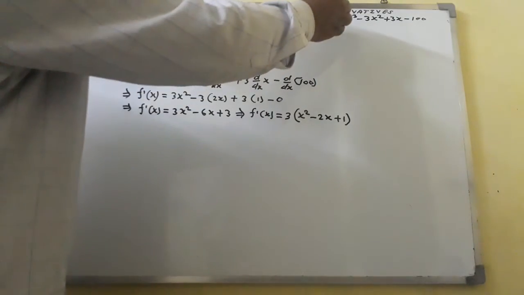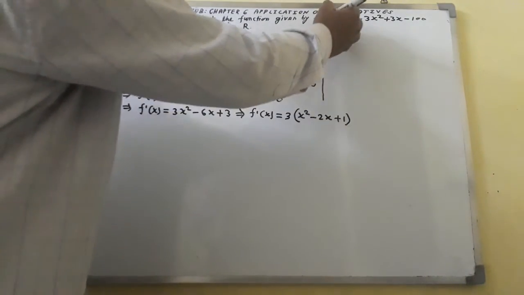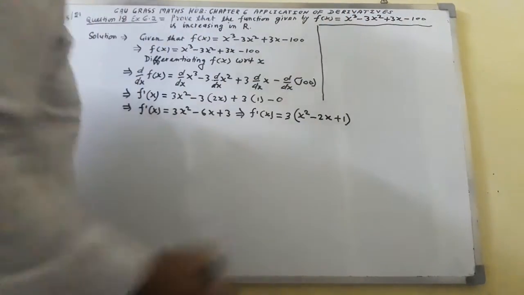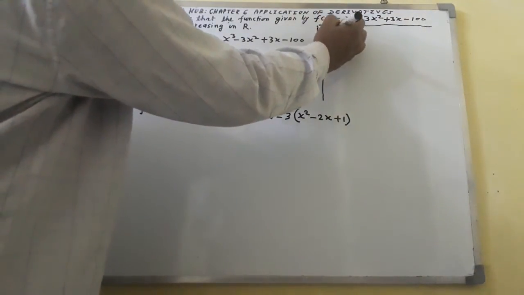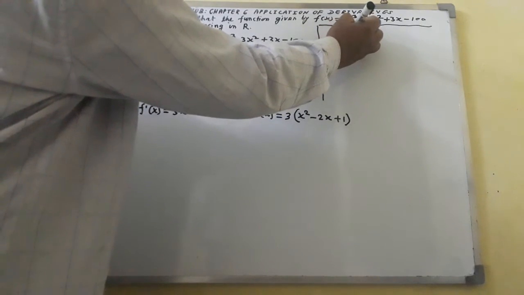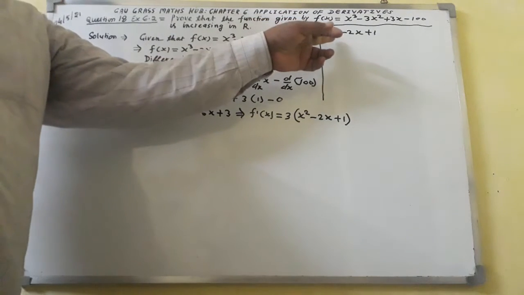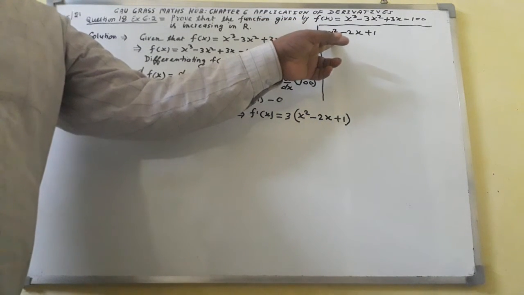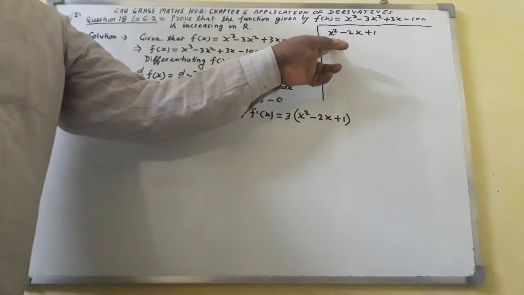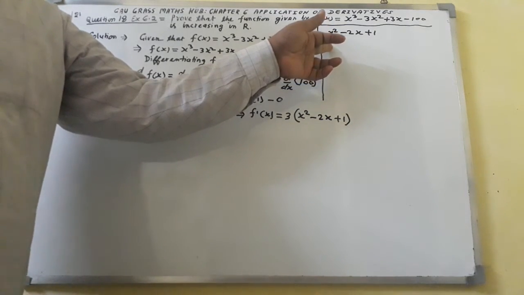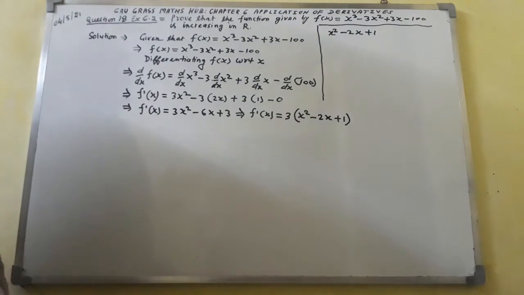Let us see in the rough work here. x square minus 2x plus 1. This is a polynomial function and also it is a quadratic equation.